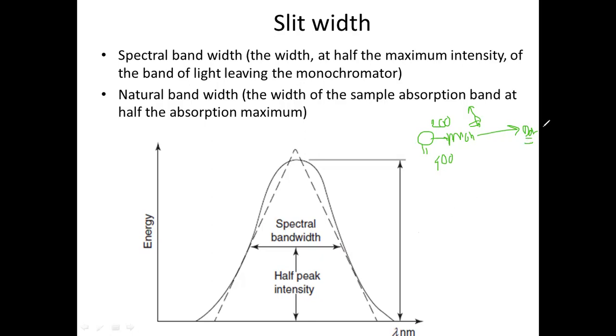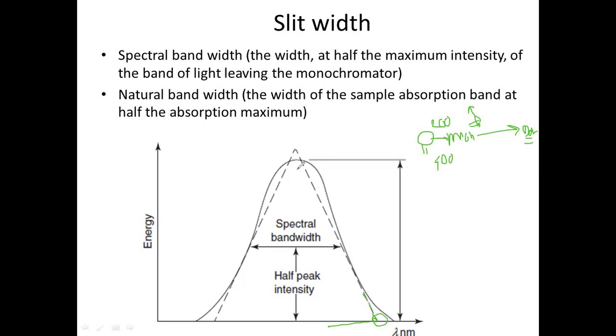So you are going to get first the band, and for this band you can see a dotted line. This is the energy at this particular wavelength. As you go on decreasing the wavelength, the energy reaches the maxima, and then again it decreases.